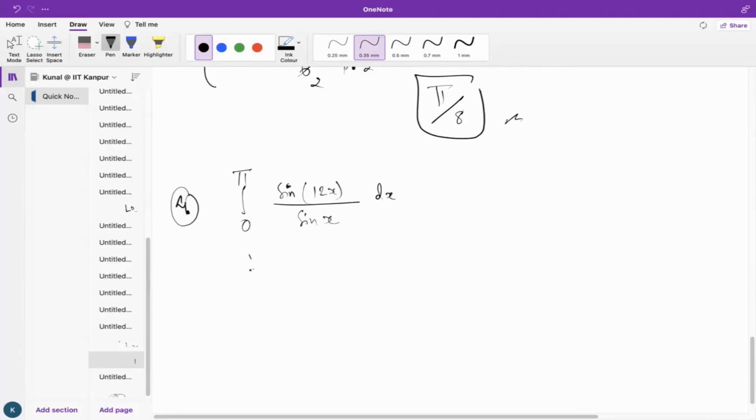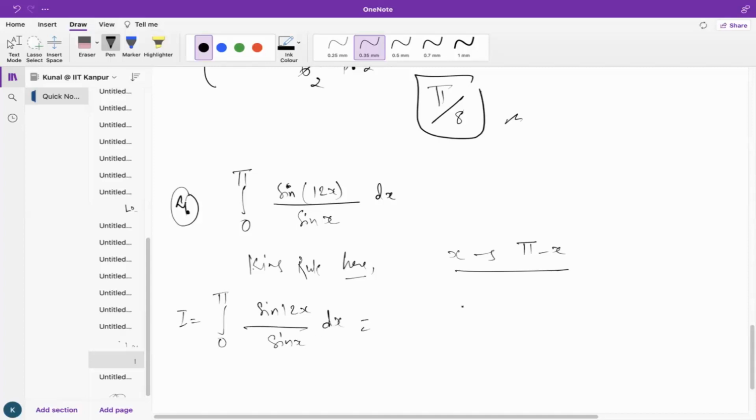If we apply King's rule here, what King's rule says is just replace x by upper limit plus lower limit minus x. So just replace x by pi minus x. So what do we get? We are integrating, this is our I, sine of 12x by sine of x dx.